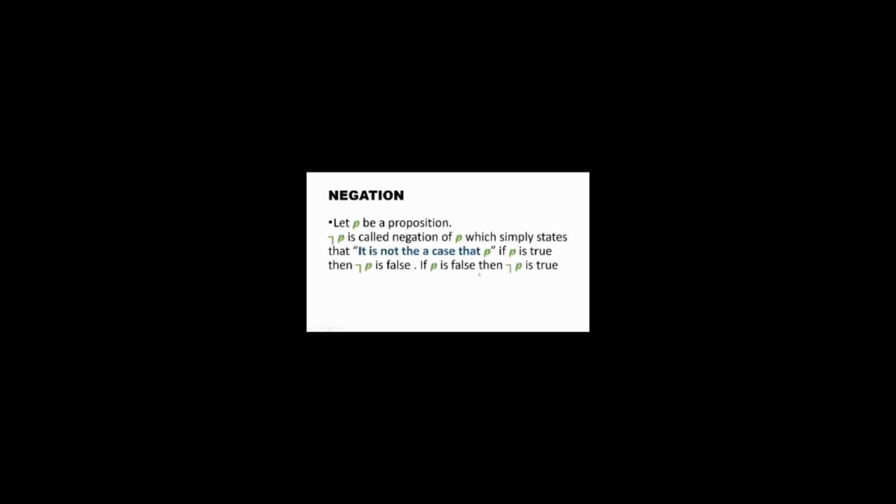If P is false, then not P is true. So for example, let P be the proposition: Adam and Eve lived together for many years. Then how will not P look? It is not the case that Adam and Eve lived together for many years.